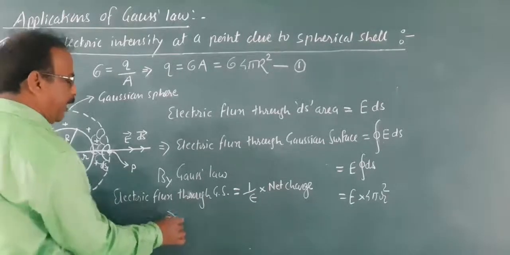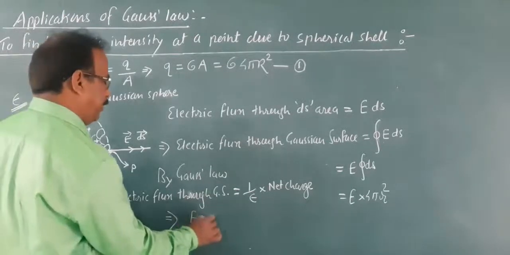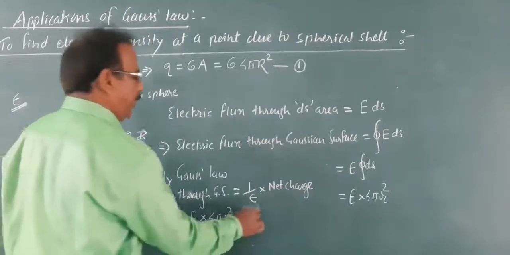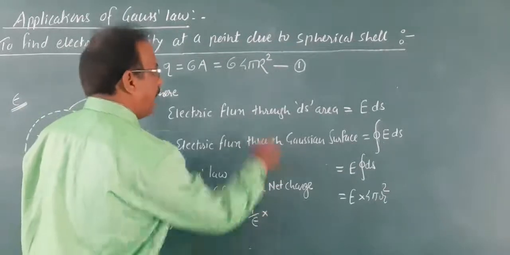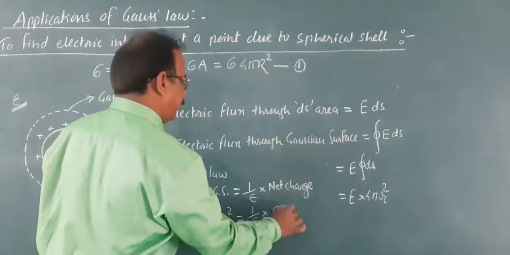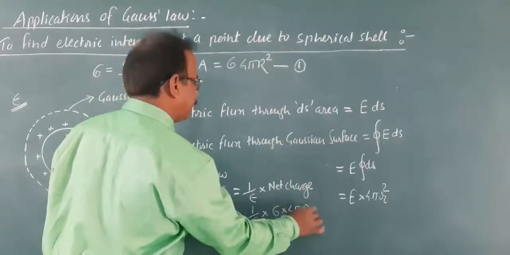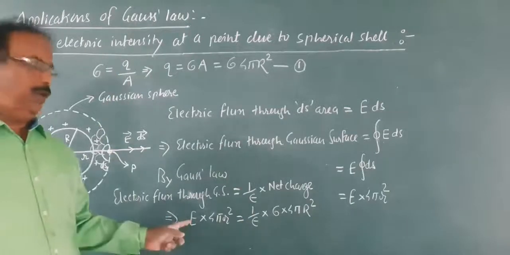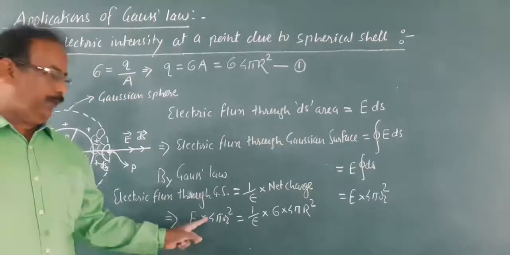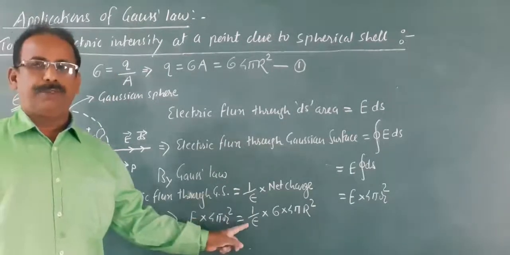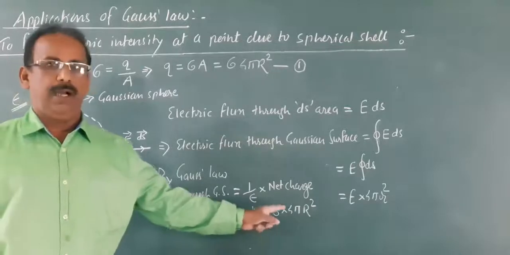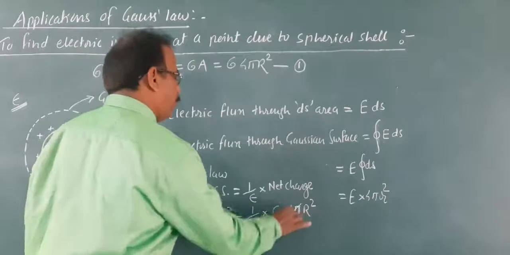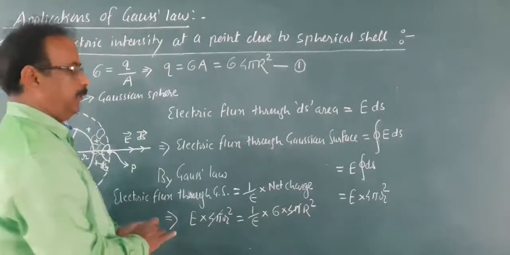This electric flux we have calculated, E into 4 pi R square, is equal to 1 upon epsilon times sigma into 4 pi r square. This 4 pi from both sides will get cancelled.